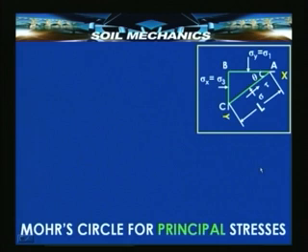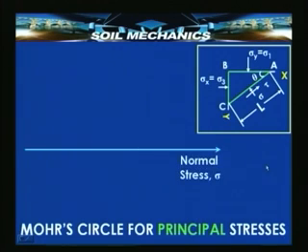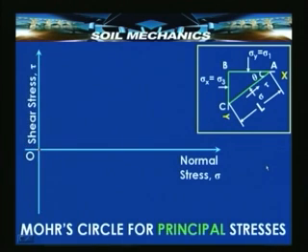Let us see the construction of a Mohr circle when the principal stresses are known. As before, take the x axis, that is the normal stress axis, take the origin O, then plot the y axis for shear stresses at right angles to the normal stress axis. Choose the point D. Earlier D was not known, but now we know D because the value of sigma 3, the minor principal stress, is known.